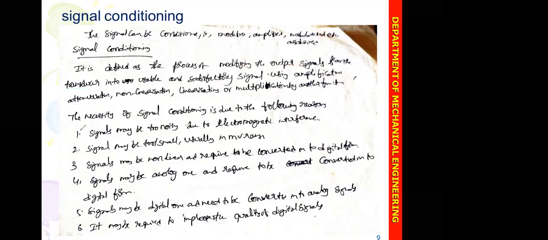So what is the necessity of signal conditioning? Now I will explain clearly. The signal is too noisy due to electromagnetic interference and disturbances. If the signal is too noisy, we cannot get our output in the correct form. For example, take the TV.